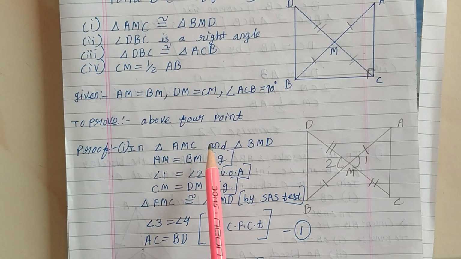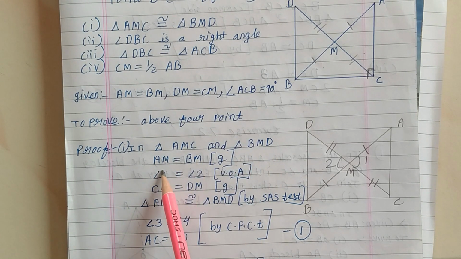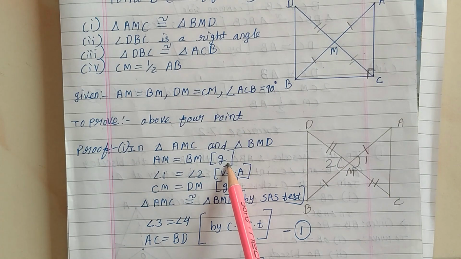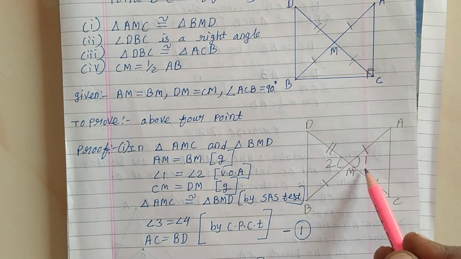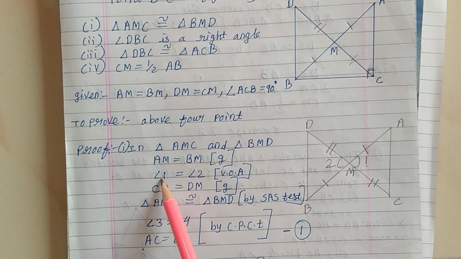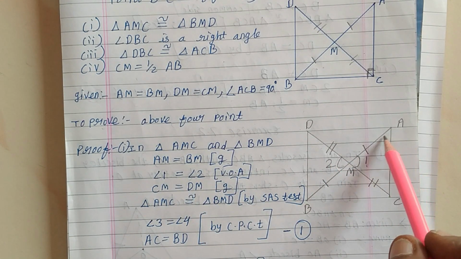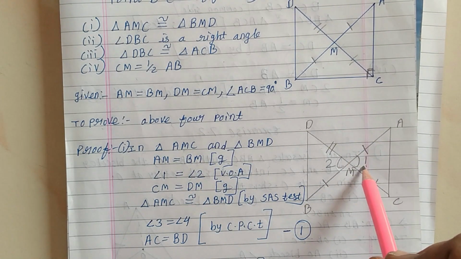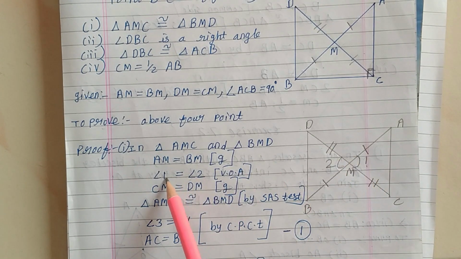So in triangle AMC and triangle BMD, here you can see AM is equal to BM because M is the midpoint. So it is given. Then this I have taken angle 1 and this angle 2. So angle 1 is equal to angle 2. Initially I have taken triangle AMC, so whichever corresponding part of AMC is there, that we have to write first.